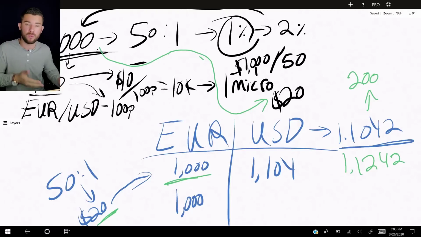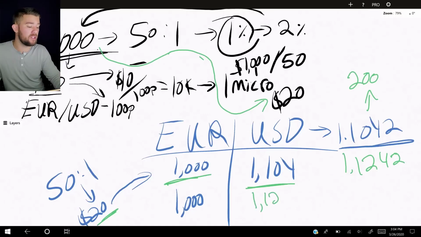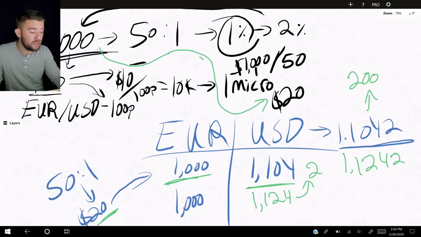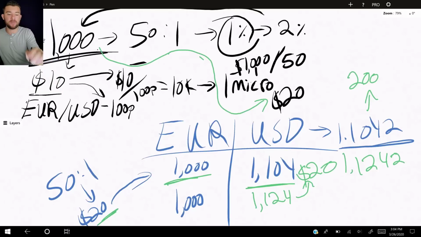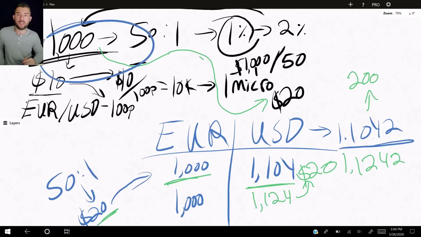So we say, okay, cool. But this time the euro dollar goes up by 200 pips. So now, instead of your investment being worth $1,104, your investment is now worth $1,124. Meaning that instead of losing $10, your investment actually went up $20. The power of leverage means that, in order to get this position size originally, you would have had to spend your entire $1,000 account.